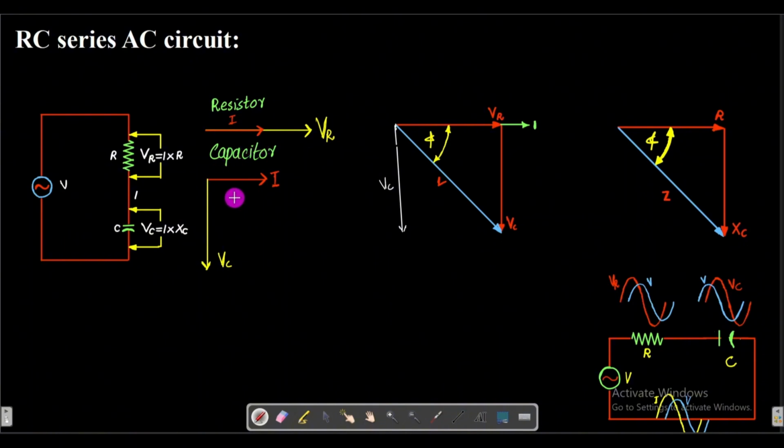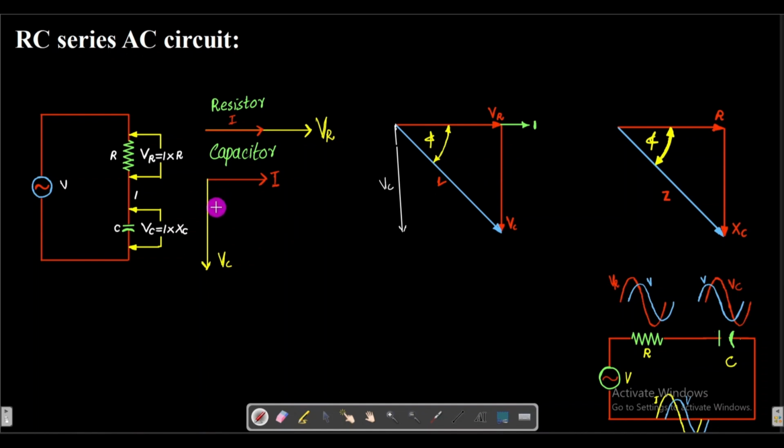In vector algebra, the addition is performed by the head to tail rule. First we will take VR, which I have drawn here. After that we will have to add the voltage VC, and that VC we will take from here and bring here.